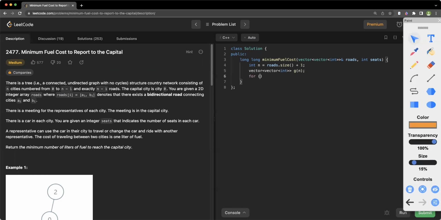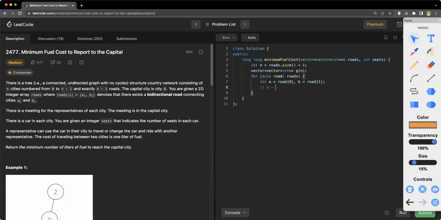Now we iterate over the roads, auto road in roads, and we have A equal to road of 0, B equal to road of 1, and this is a bidirectional tree.